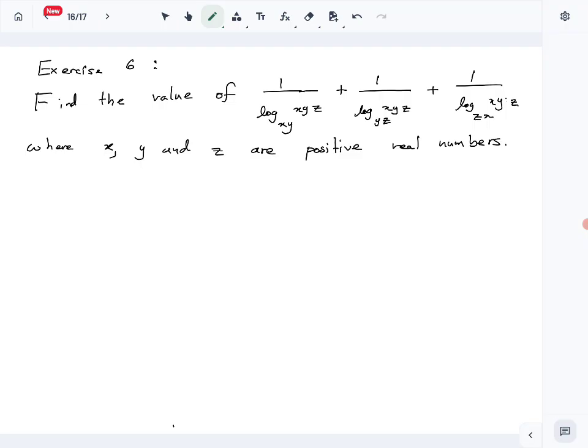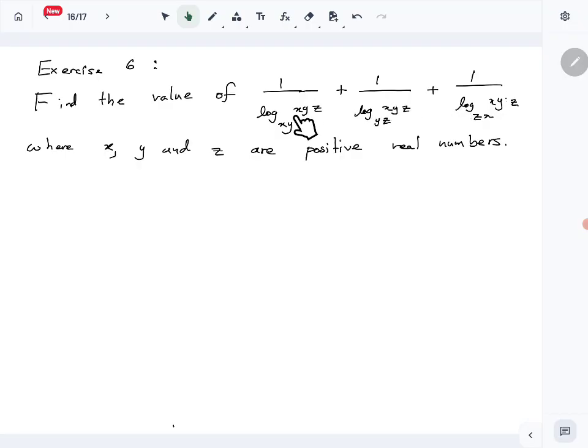Okay, so we want to find the value of this log expression, and we are given x, y and z are positive real numbers. Here look, 1 over log xy of xyz, 1 over log yz of xyz, 1 over log zx of xyz.